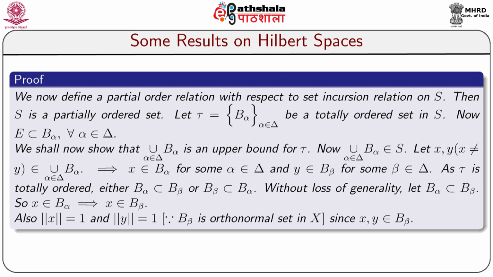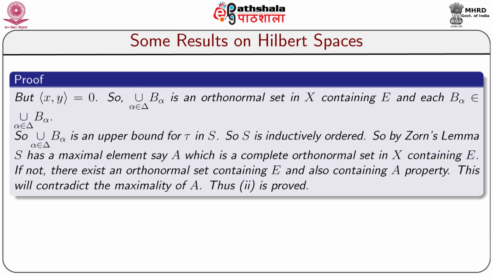As tau is totally ordered, either B alpha is a subset of B beta or B beta is a subset of B alpha. Without loss of generality, let B alpha be a subset of B beta. So, x belongs to B alpha implies x belongs to B beta. Also, norm of x equals 1 and norm of y equals 1, since B beta is an orthonormal set in X. Since x, y belong to B beta, we have inner product of x, y equal to 0.